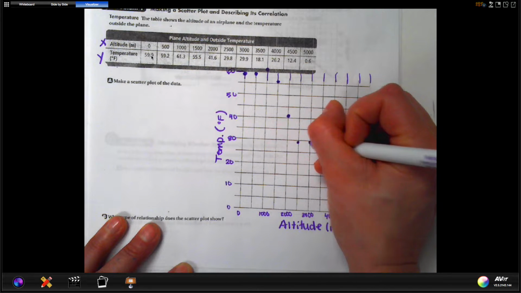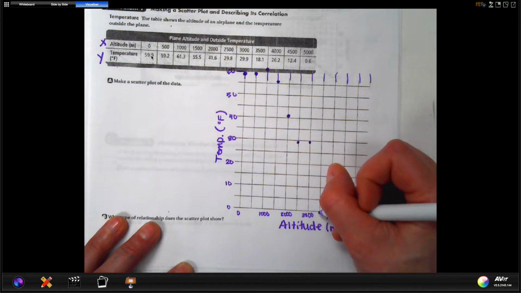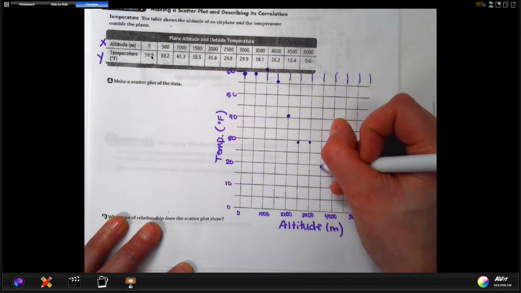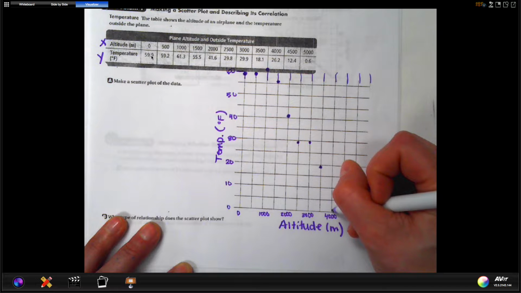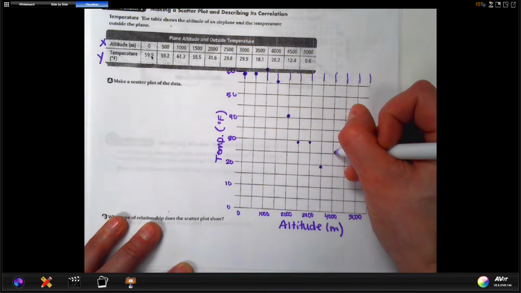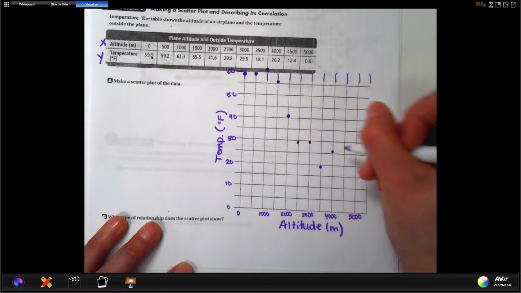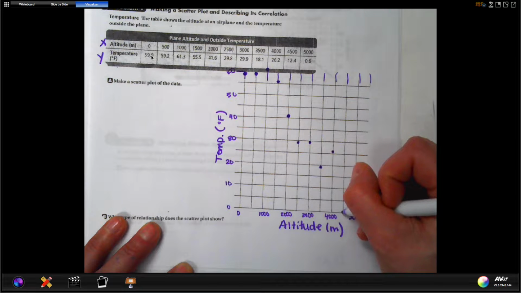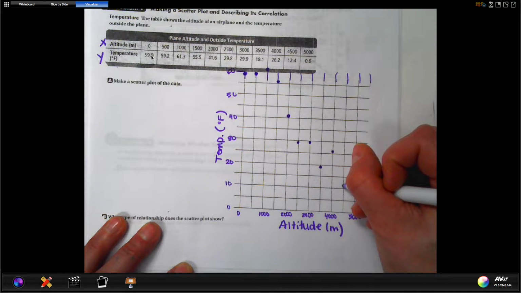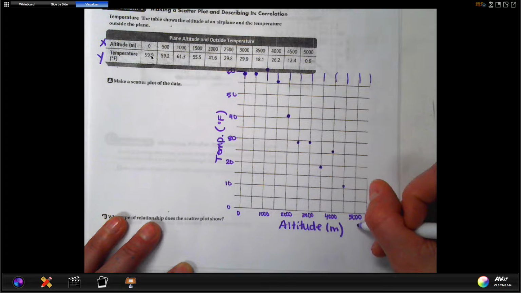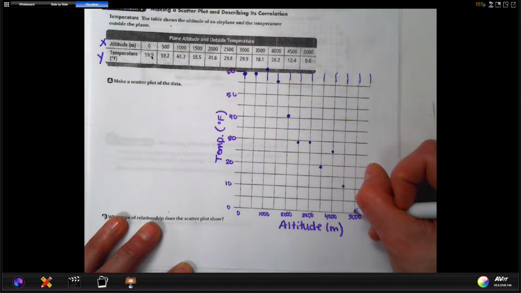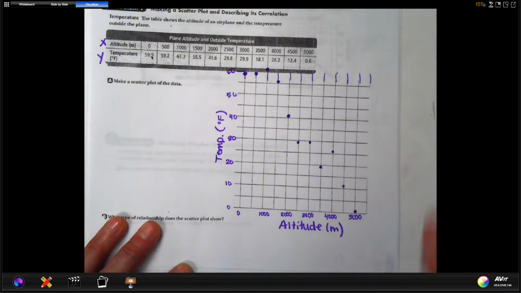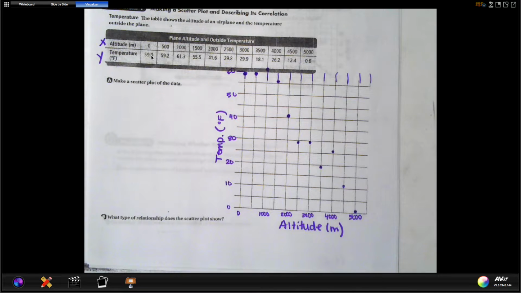So those are super close. 3500, 18.1. 4000 would be 26.2. 4500 is 12.4. And then our last data point, 5,000, is at 0.6, really close. So you're hovering at 0 degrees Fahrenheit once you're at 5,000 feet in the air.